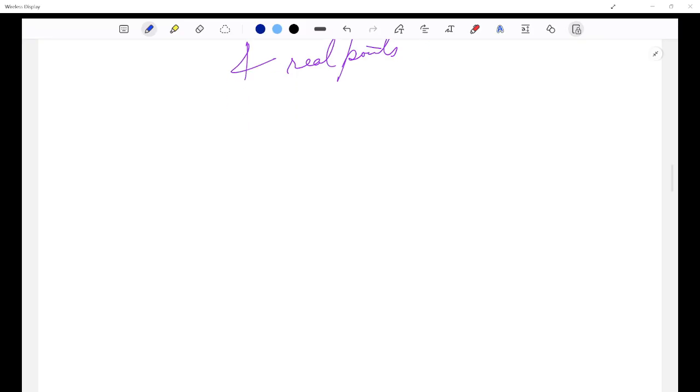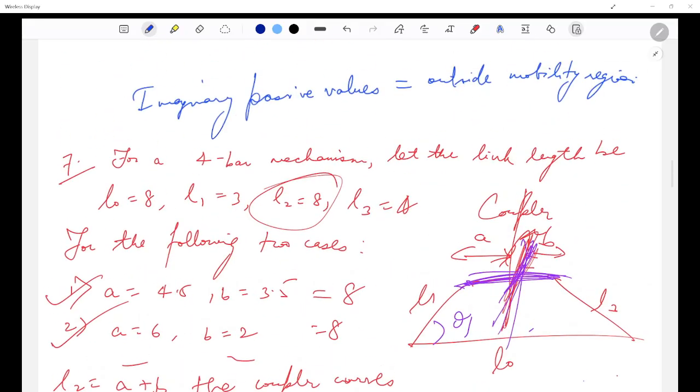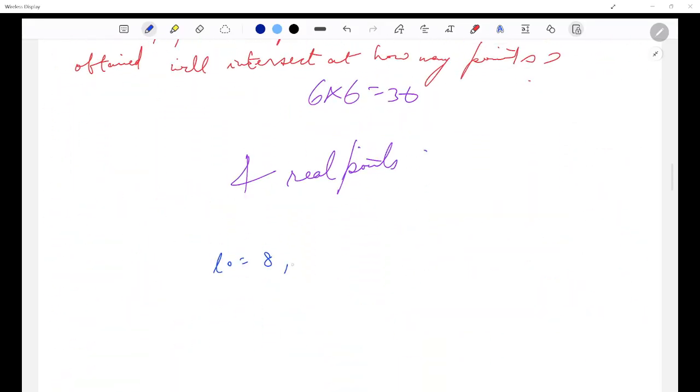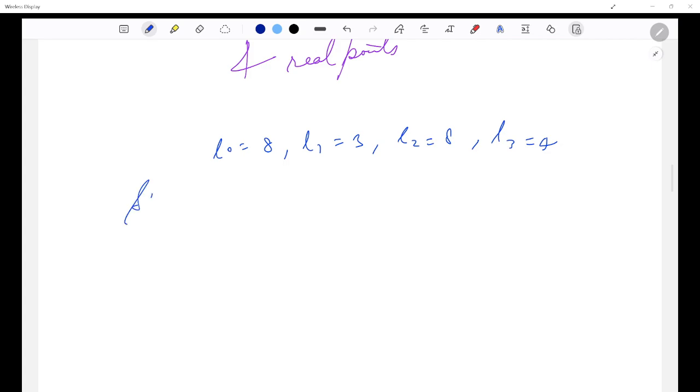Let's say in our case L0 is 8, L1 is 3, L2 is 8, and L3 is 4, right? So the shortest S is 3, the longest L is 8, and the intermediate ones are 8 and 4.